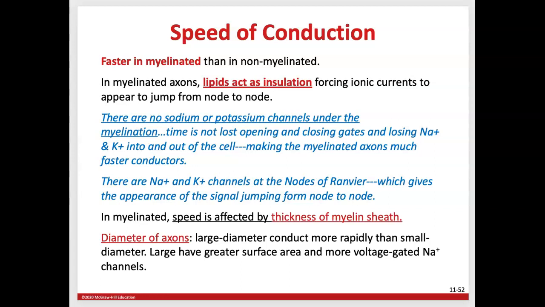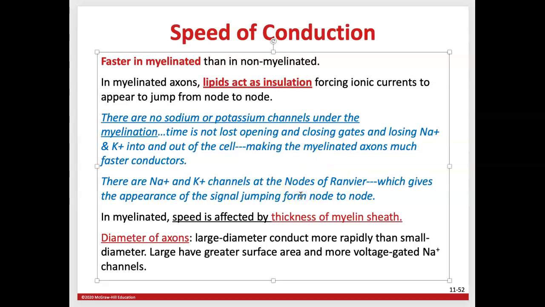There are sodium and potassium channels at the nodes of Ranvier, which are those gaps in between those sections of insulation, and that gives the appearance of the signal jumping from node to node. That's supposed to say from node to node. Sorry about that.